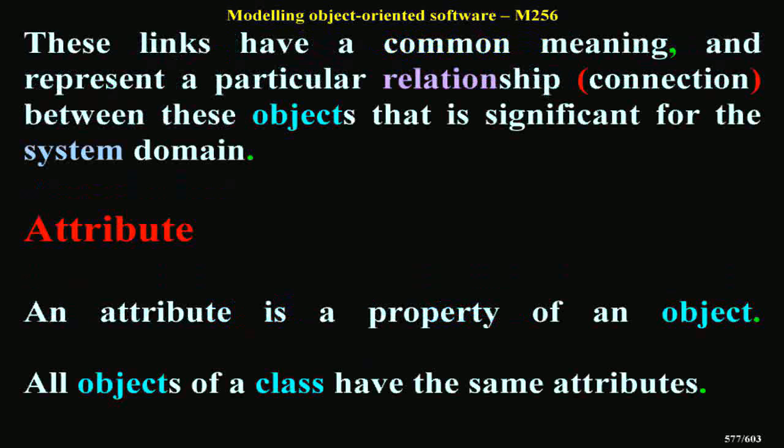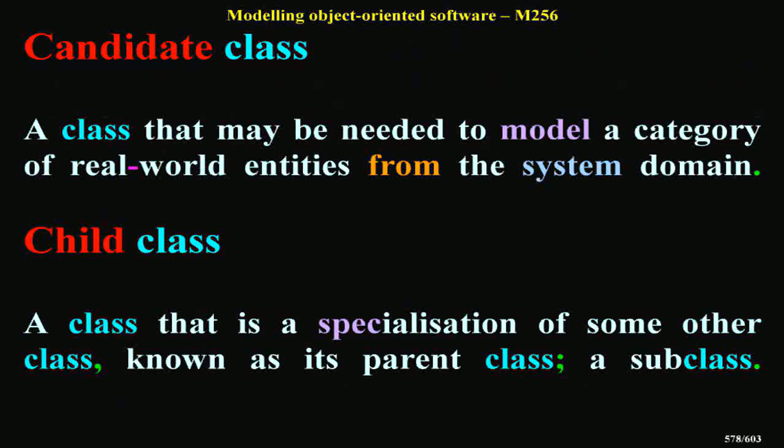Association. An association represents the links that may exist between the objects of two classes. These links have a common meaning and represent a particular relationship connection between these objects that is significant for the system domain. Attribute. An attribute is a property of an object. All objects of a class have the same attributes. Candidate class. A class that may be needed to model a category of real-world entities from the system domain.